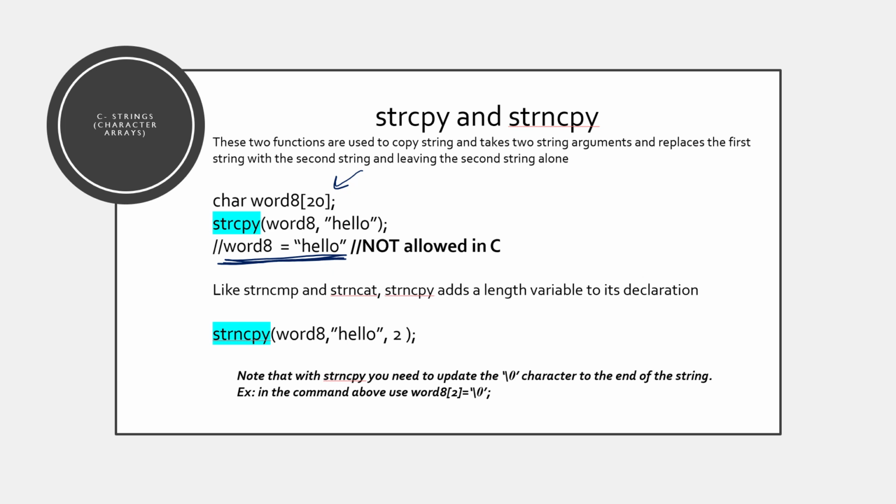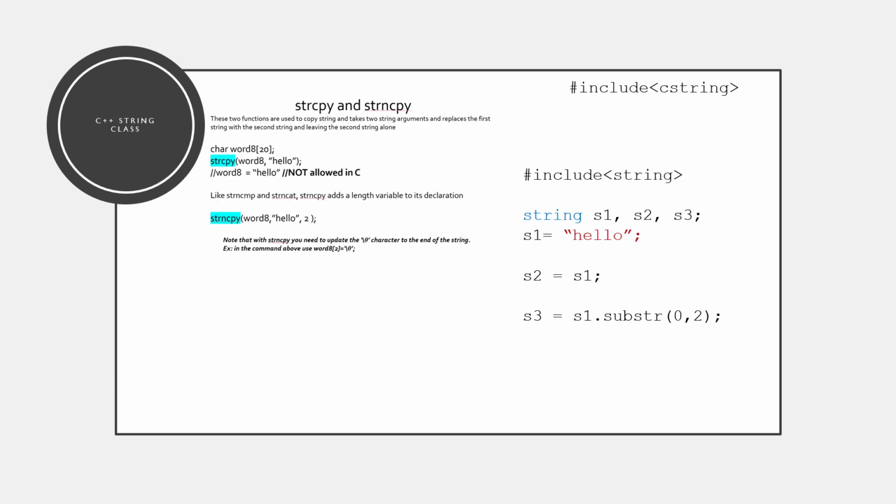You should not be able to make this assignment. It's not allowed in C. But in C++ style strings, you can do that. If you are using C style strings, you just need to use what's called the string copy function, and the string copy function is just like making an assignment. All right, so this is the same thing that how you would do it in C++.